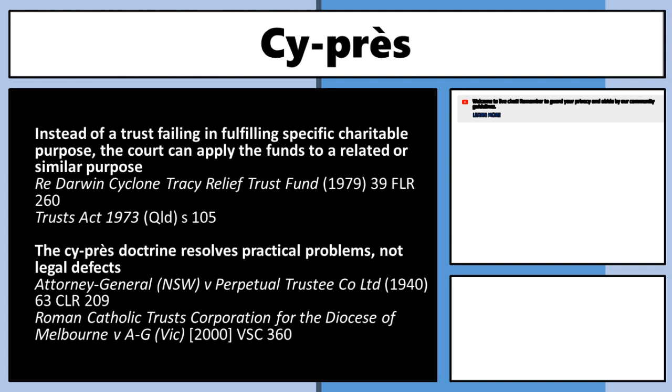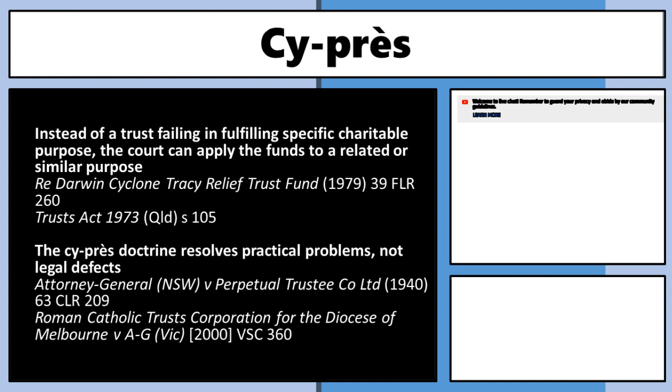Say that again. If a charitable purpose cannot be fulfilled for practical reasons, and there's still trust property to be applied, you can use Section 105 to apply it to a different but related purpose.